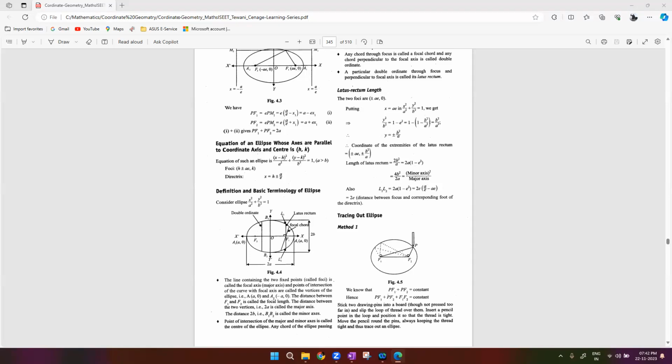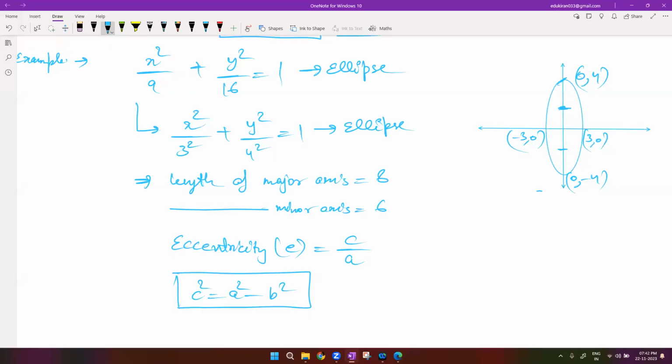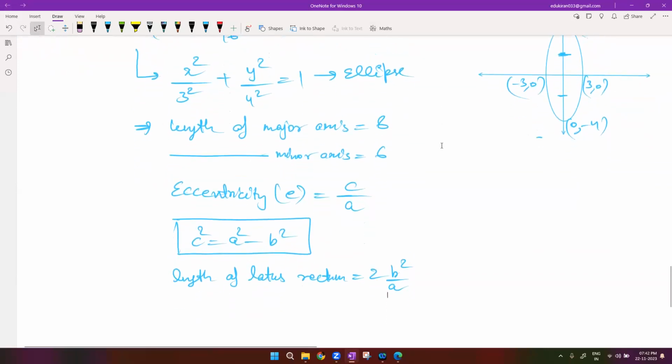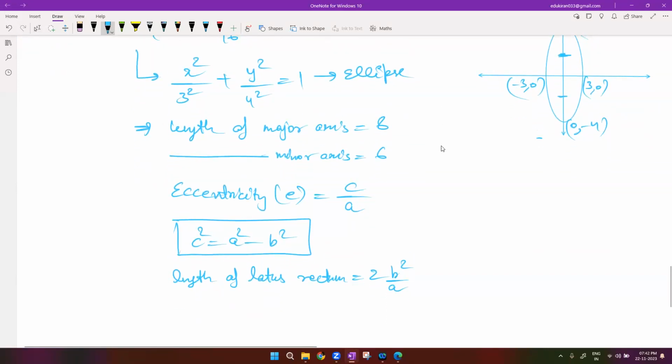So the last thing is the length of the latus rectum, which is twice b square by a.